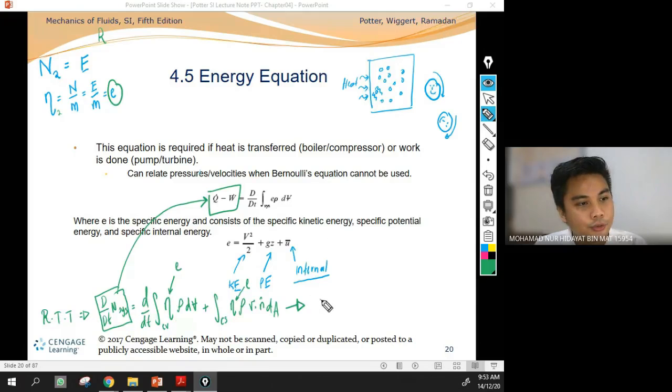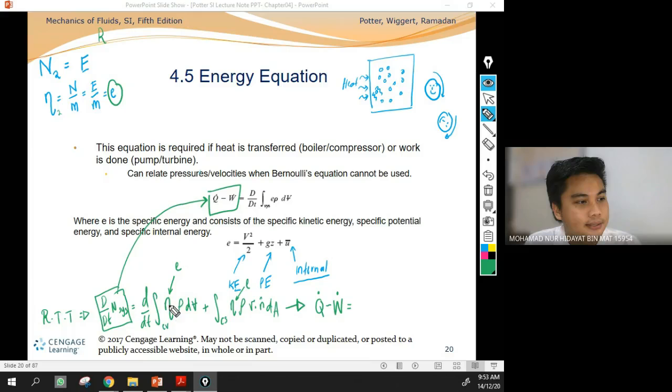Right, so Q, the heat energy, remember we have the heat energy coming to the system, minus the work done on the system. That means the system produces the work. They lose the energy. That's why it is negative W, equal to this one.